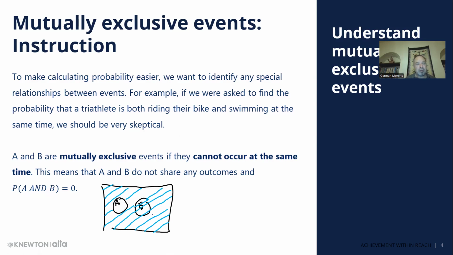So those are complements of each other and they make up 100% of the outcomes. But the probability of A might be, let's say, 1/5, and the probability of B might be 2/5.